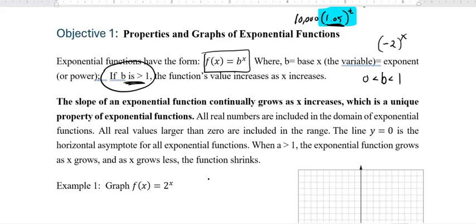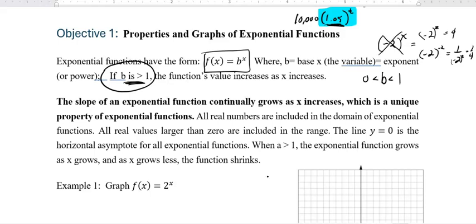When x is negative, for example, if I raise -2 to the second, that would be 4. But what's -2 to the -2? That's 1 over -2 squared, and that's 1/4. And I just get this really weird looking function. So it just doesn't follow the properties of an exponential function.